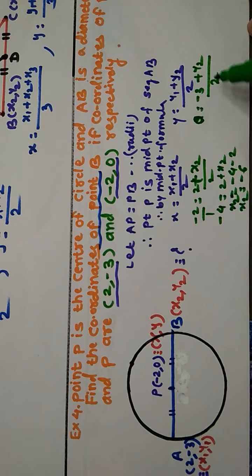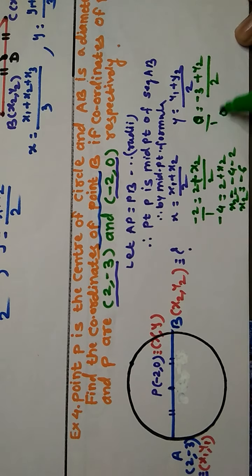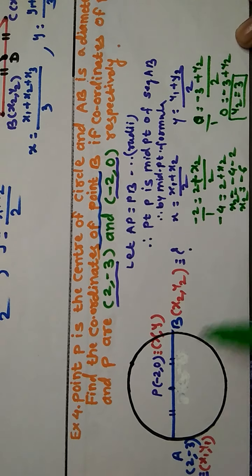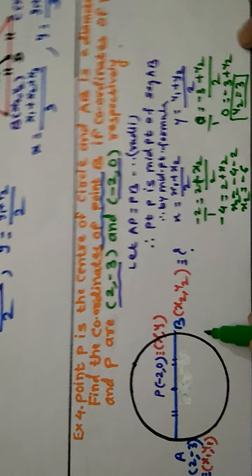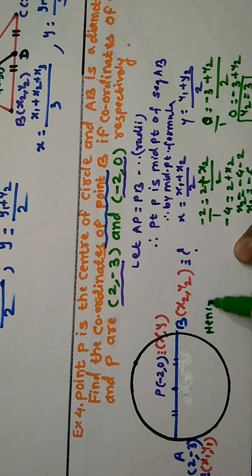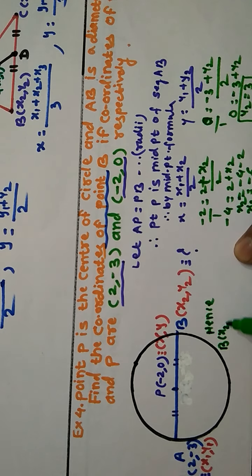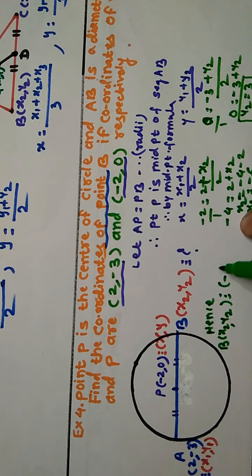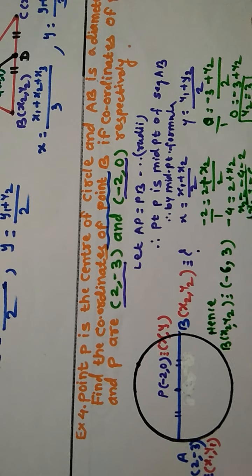Multiplying 2 into 0 means 0 is equal to -3 plus y2. Now taking -3 to this side we get y2 is equal to 3. Therefore the coordinates of B are (x2, y2) equals (-6, 3). x2 is -6 and y2 is 3.